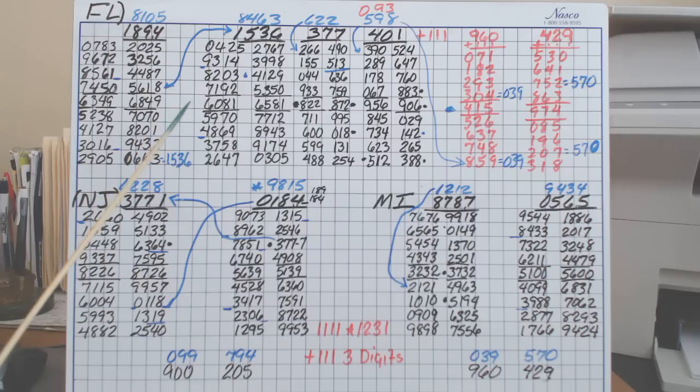You need to know your matrix, your 1231 formula or your 1111 formula. So we are using those two formulas with our 4-digit numbers.